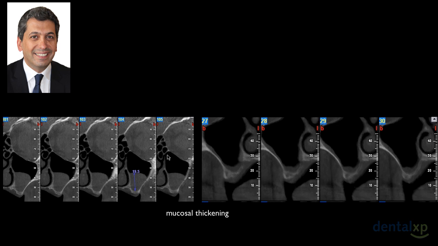This is the most important part of the sinus, because it gives the sinus its physiological activity, and it will keep it healthy if it's open. To the right you can see another mucosal thickening, but in this case the thickening is around 2 to 3 millimeters. If there are no infectious signs in such cases, we can proceed with our sinus floor elevation without any problem.